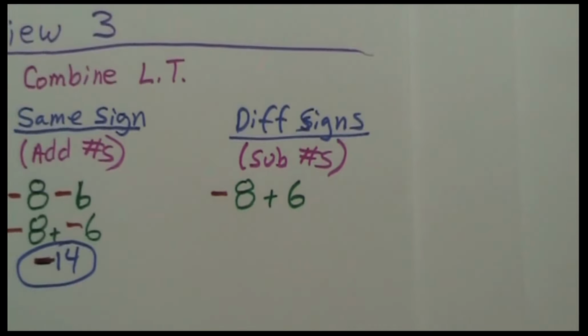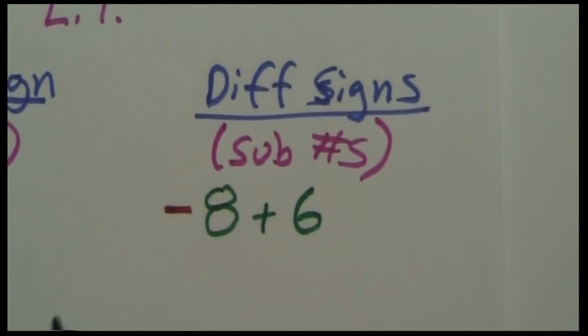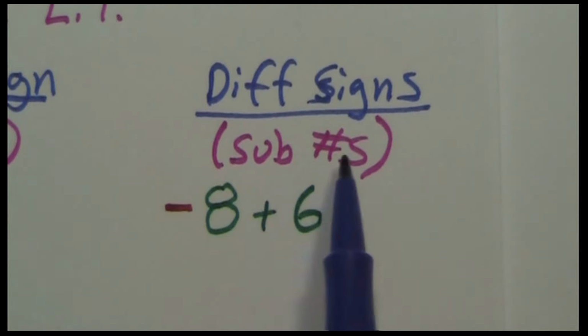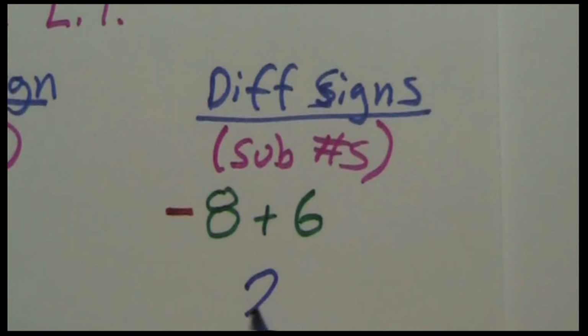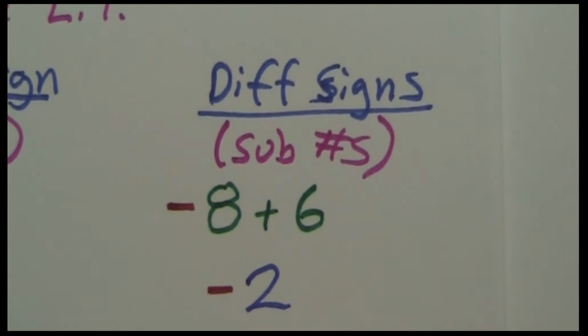Okay, what about if they are different signs? If I have negative 8 and positive 6, they're different signs. One's negative and one's positive. We subtract the numbers. 8 take away 6 is 2, but there's more negative. You have to be thinking zero pairs here.